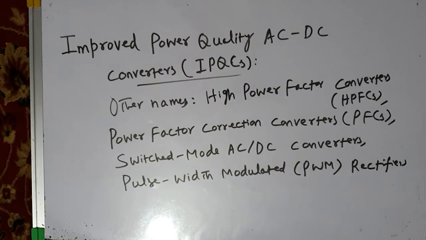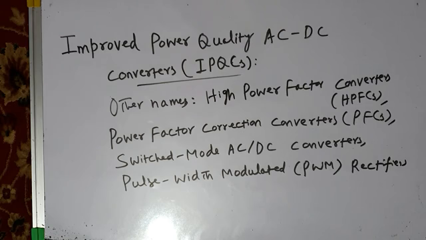Depending upon the delay angle or firing angle, if you operate your phase controlled converter at a large value of firing angle, they draw large reactive power from the source. But these improved power quality AC to DC converters do not draw any reactive power from the source. They draw only active power, thus maintaining the source power factor at unity.